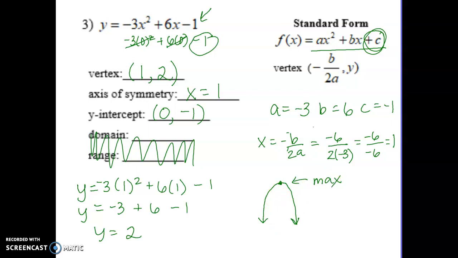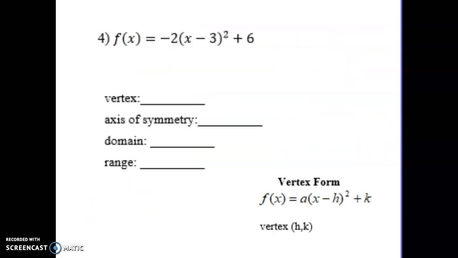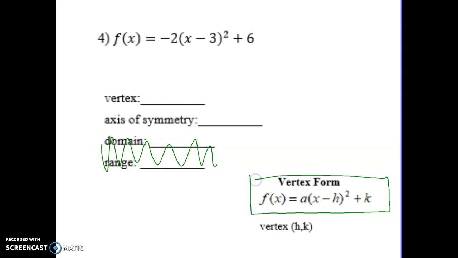Okay, let's look at a graph in vertex form. This is vertex form right here. Vertex form is called vertex form because the vertex is actually in the equation, which makes it nice and easy, but the only thing we have to remember is that negative right here is part of the equation.